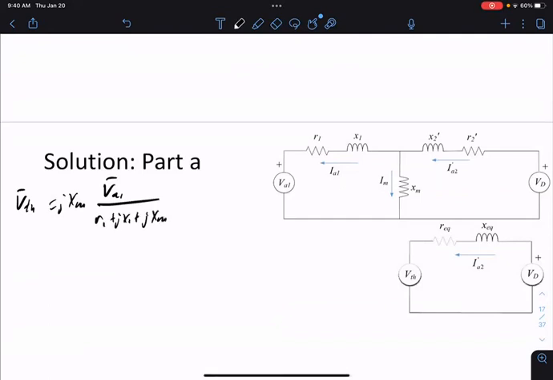The most common mistake people make is this is 690 over √3. There's a line-to-line voltage that we're given, so you need to divide by √3. The grid always has angle 0 for us.